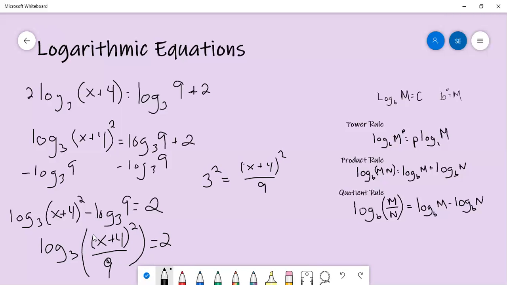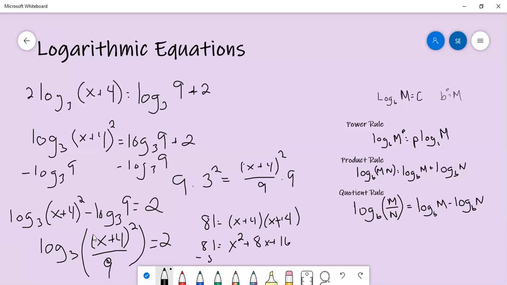Well, 3 squared is 9, and then I can multiply both sides of the equation by 9. So we end up with 9 times 9, which is 81, equal to x plus 4 times x plus 4.